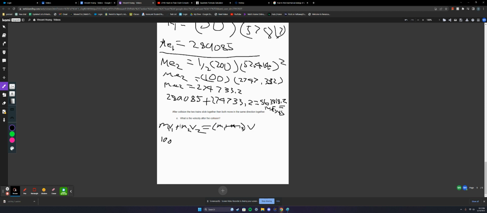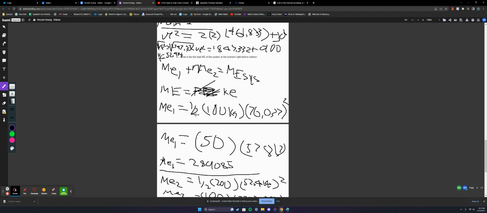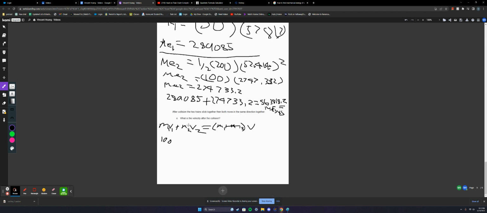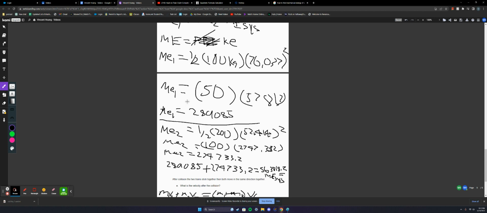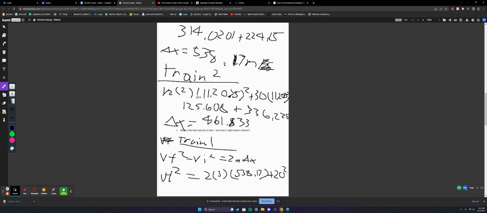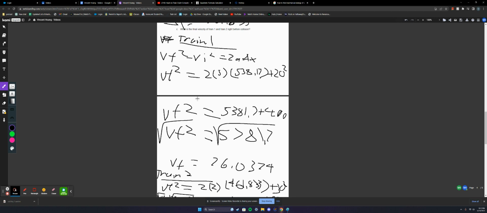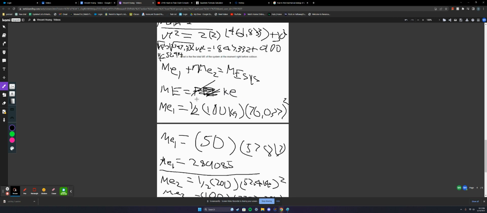This velocity right here is actually the final velocity right before collision. So we can't get it confused with the initial velocity at the beginning. So 100, and then the velocity we figured out in part C for train 1 is 76.307.